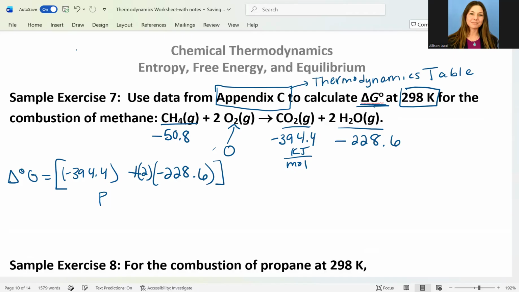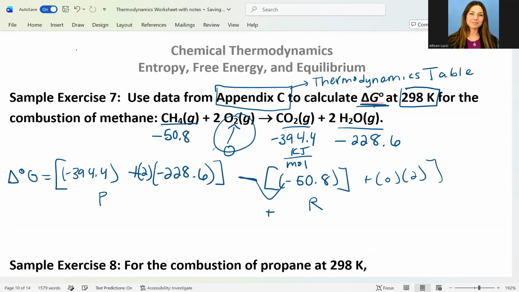All right, so these are both of our products, and then we're going to subtract, if you remember that equation, the sum of the reactants now. So methane is just going to be negative 50.8, but we will be subtracting that. This is our reactant, methane. And then I've left out the 0 times 2, but if you wanted to write it just to make sure that you knew that you did include that, you could.